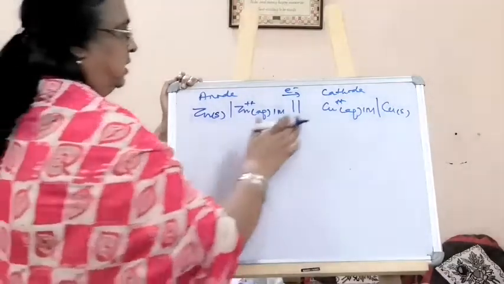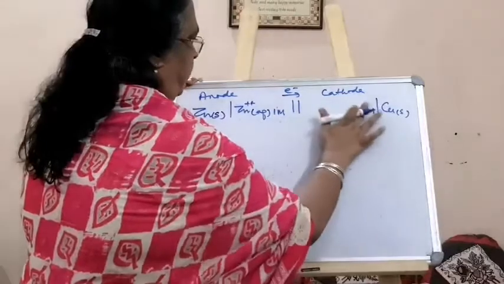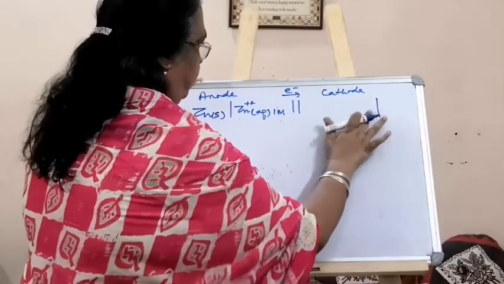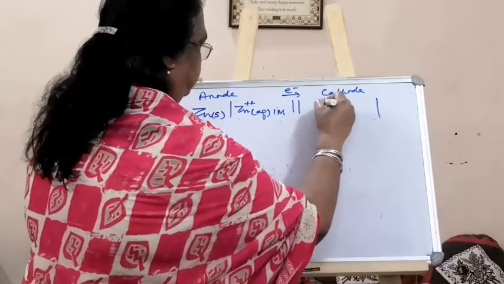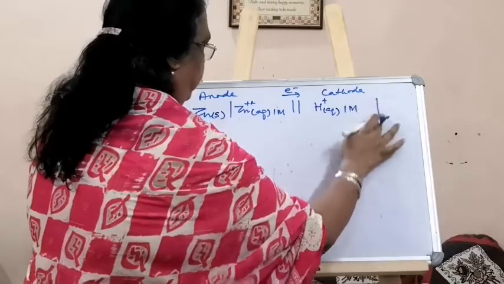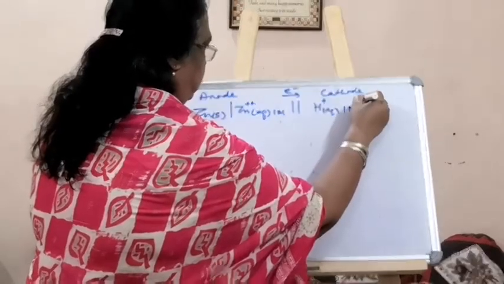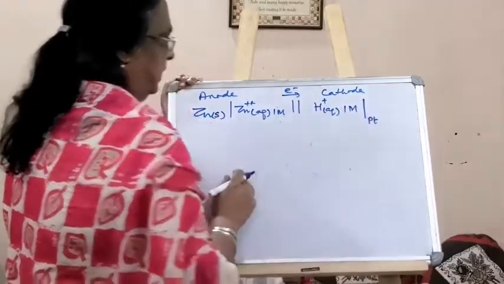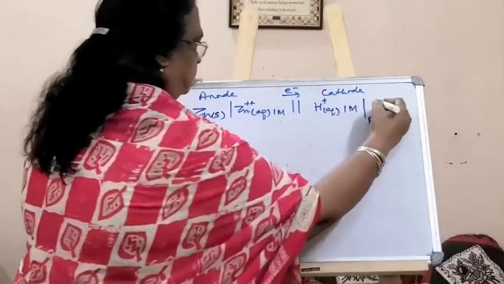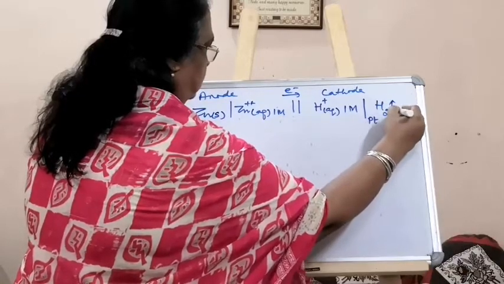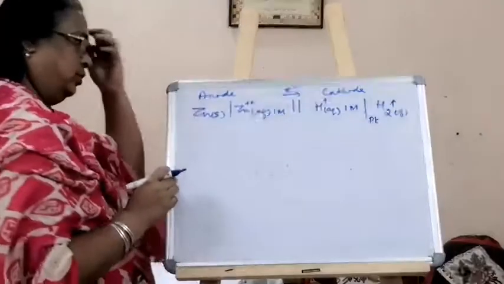So for that, if we replace this copper half cell with SHE, that is your hydrogen ion aqueous having concentration 1 molar and having electrode of platinum, Pt, and hydrogen gas you have on the platinum, that you know.